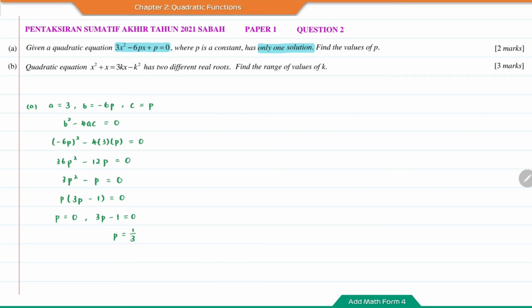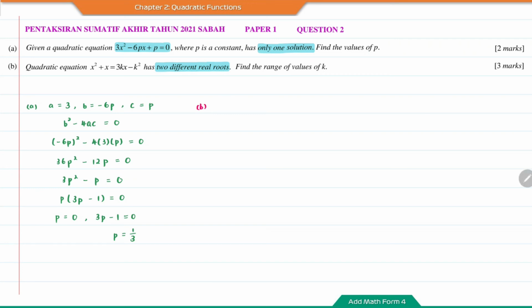Now, question B. The quadratic equation x squared plus x equal to 3kx minus k squared has two different real roots. Find the range of values of k. For question B, it has two different real roots, which means the graph of this quadratic equation intersects the x-axis at two different points. Therefore, the discriminant, b squared minus 4ac, is greater than 0.